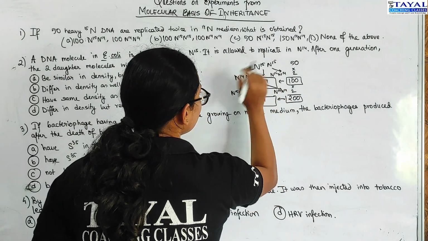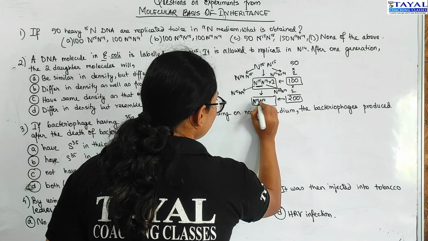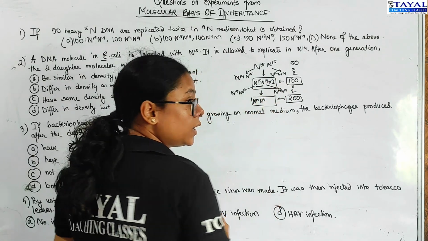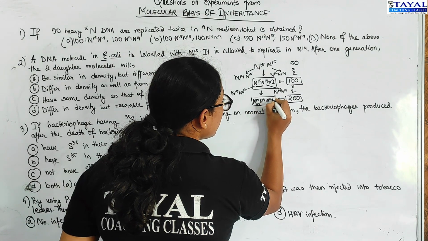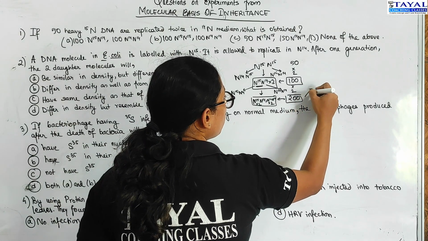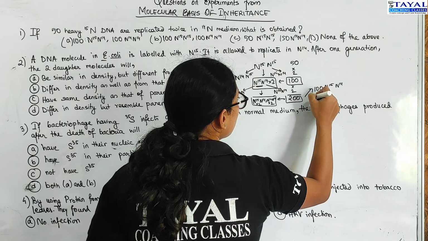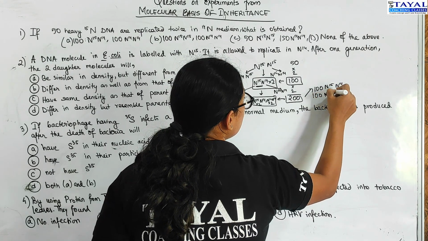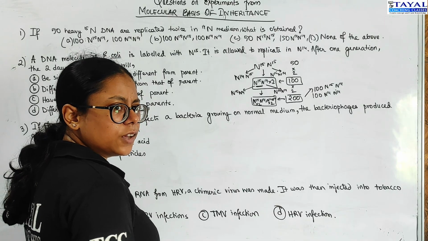Correct? So in the first one, you had 2 copies of this. In this you will have how many copies? You will have 2 copies of this, and N14 gets 2 copies. So basically you will have 100 N15 N14, and you will have 100 N14 N14, right? That should be your calculation.